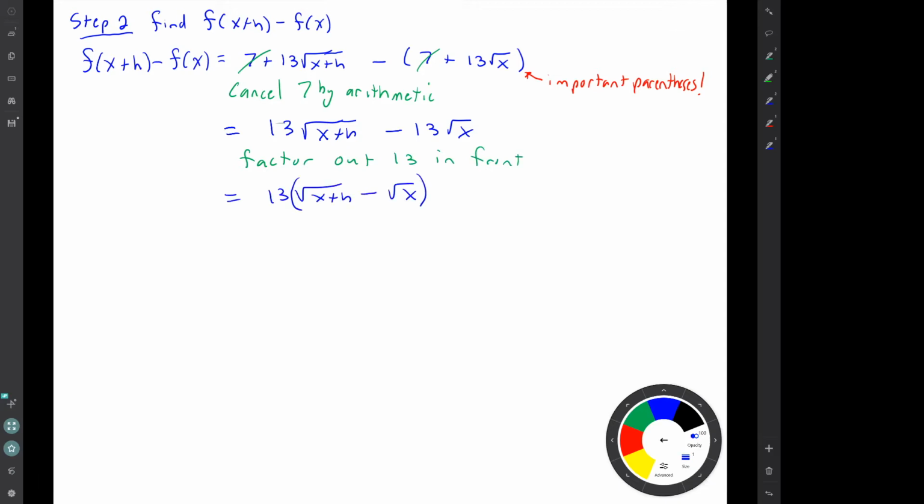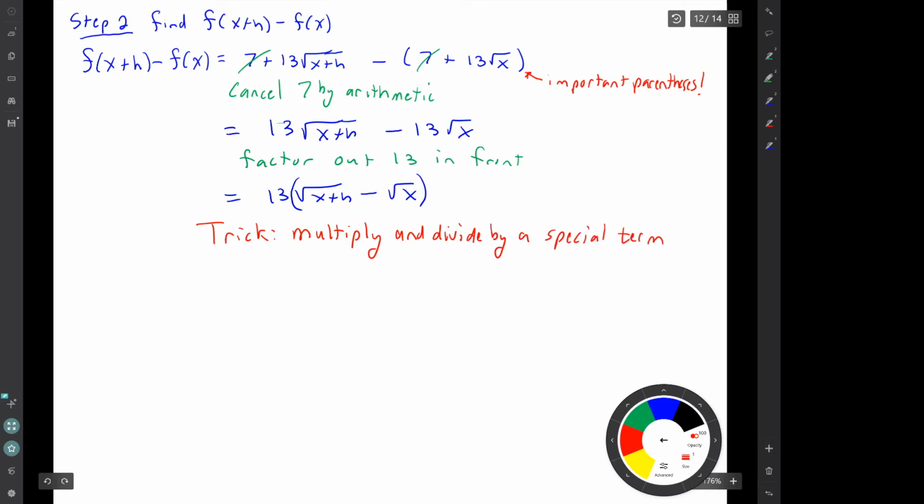Now we have a step that is a trick step. We're going to multiply and divide by a special term. The special term we're going to get by scrutinizing this expression. We have a square root of something minus square root of something.